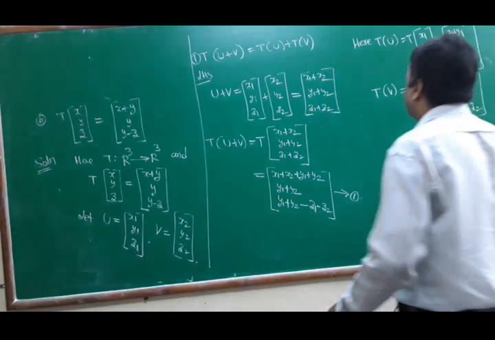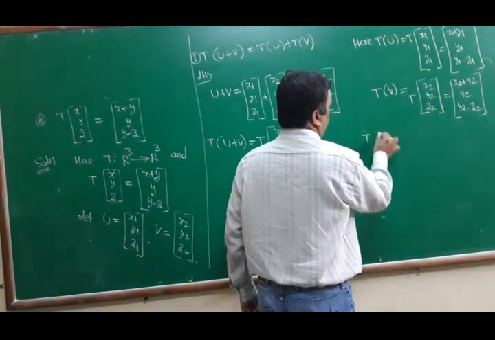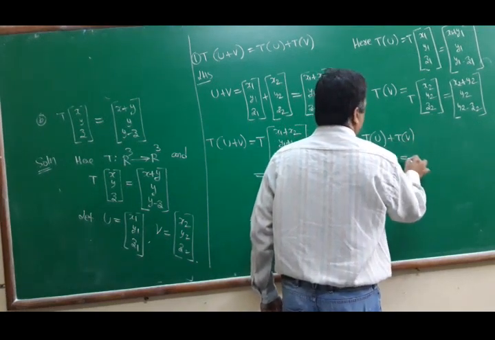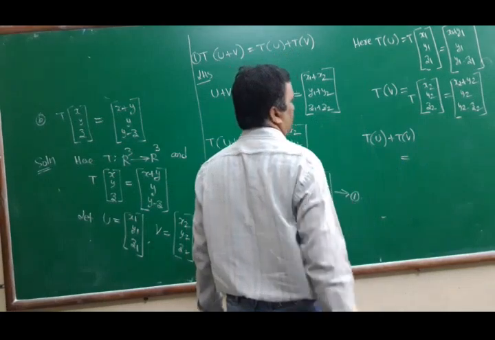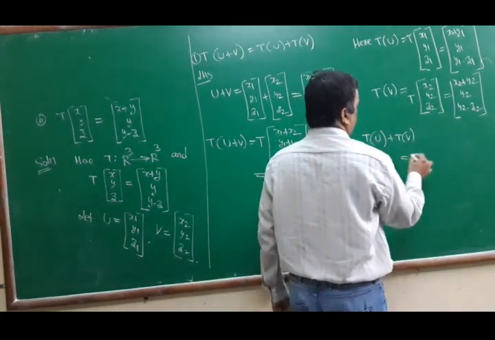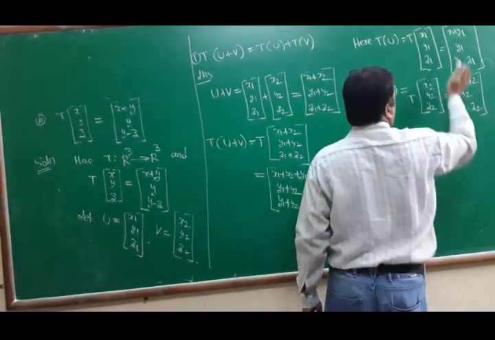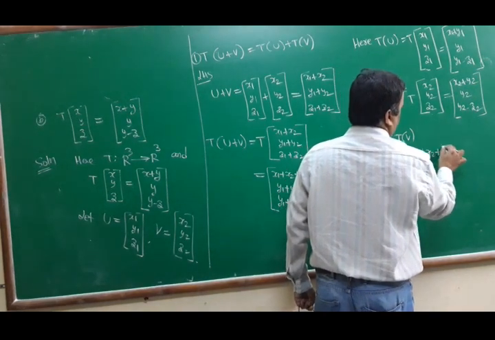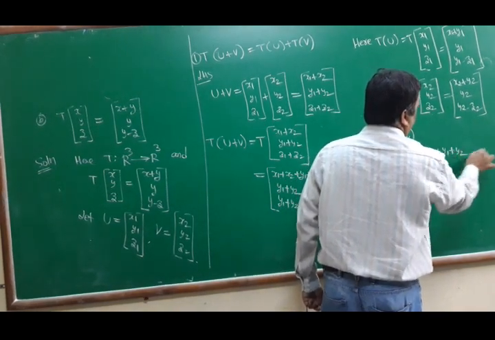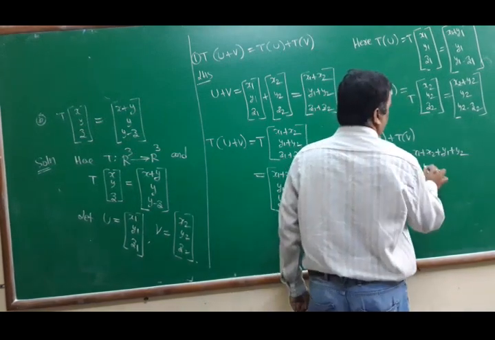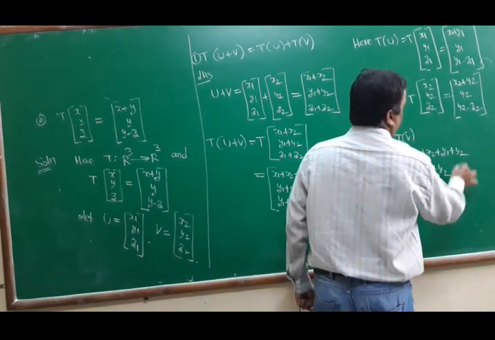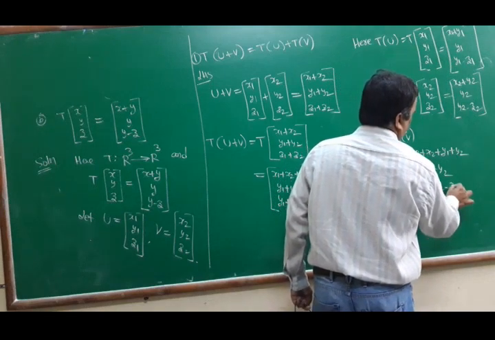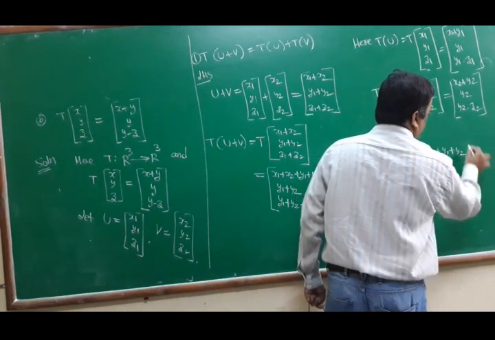And now T of u plus T of v, the right hand side, simply add it. First coordinate x1 plus y1, x2 plus y2, simply getting x1 plus x2 plus y1 plus y2. Next we have y1 plus y2. Next we have y1 plus y2 minus z1 minus z2.